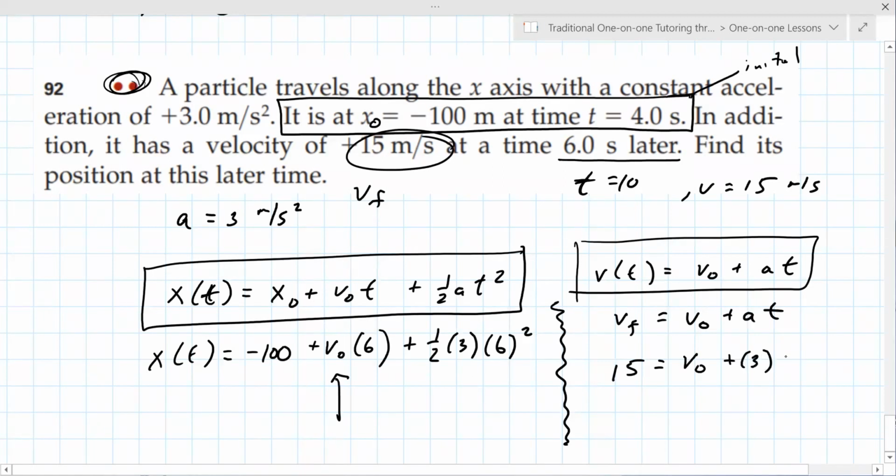The time is 6 seconds later. So 6 times 3 is 18. So V0 is minus 3. So we take that number and plug it in here.